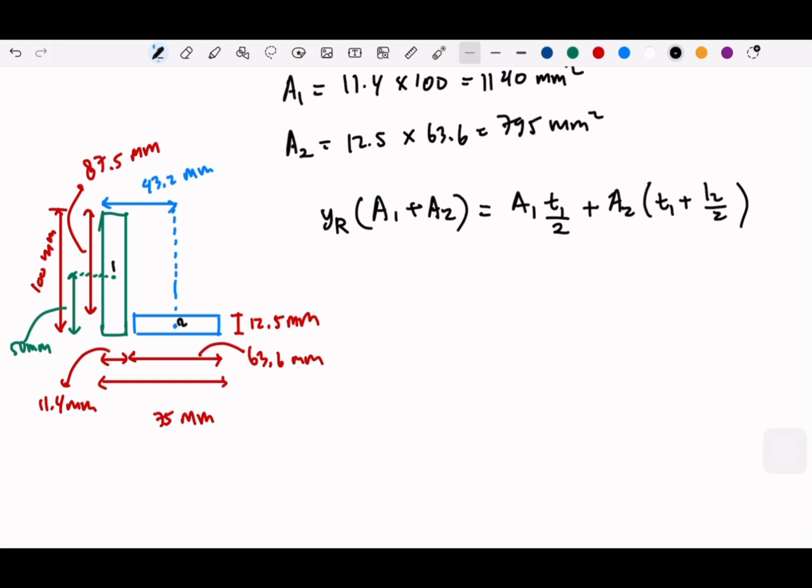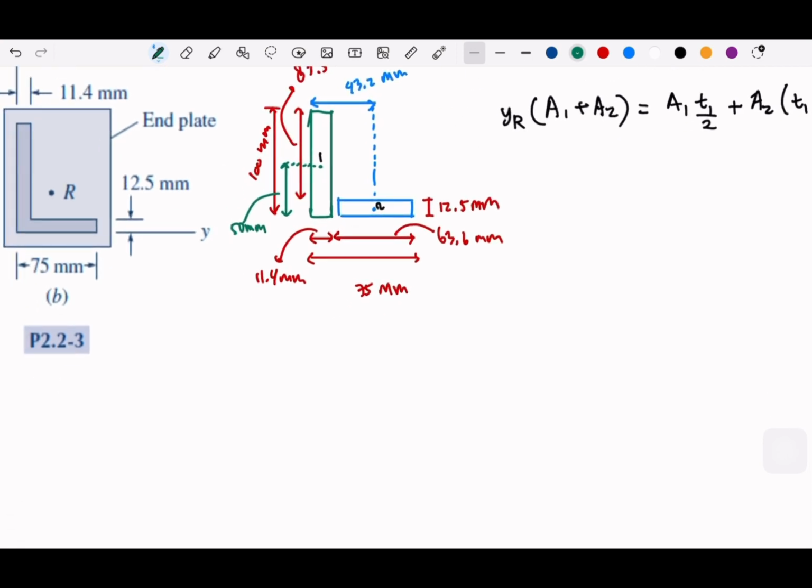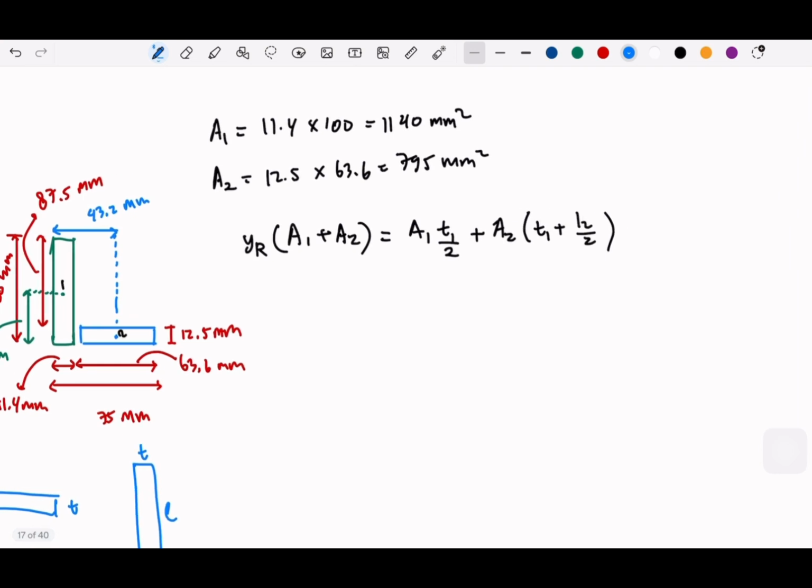means that is the one that is going to be, sorry, this T1 is actually, so every time you see the rectangle, I forgot to write here, this will be T, this will be L. The longest part will be the L. And the ZR.